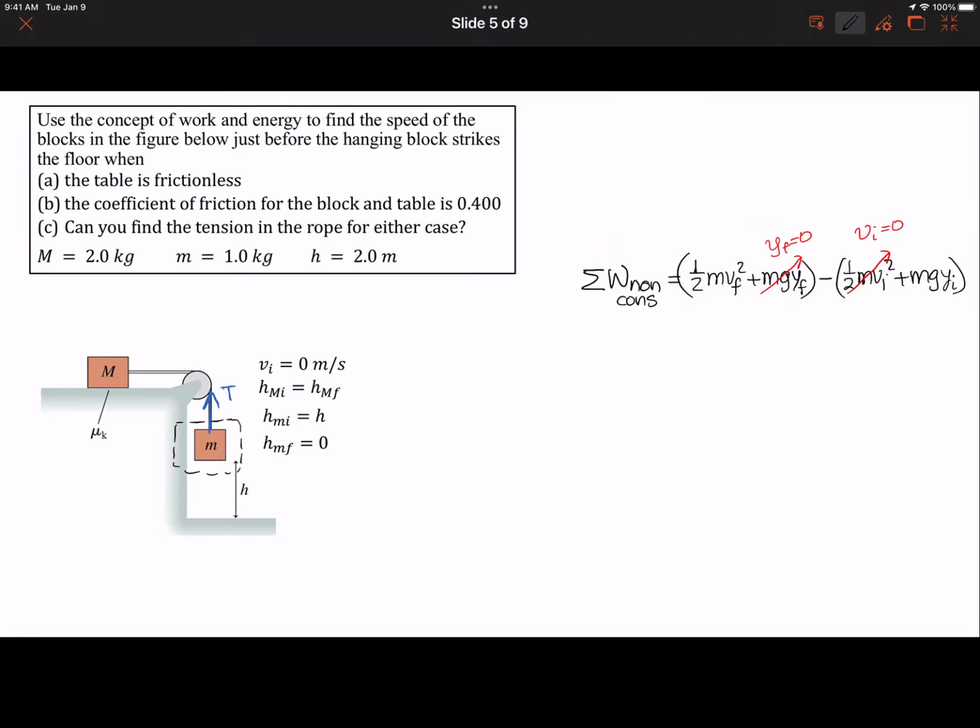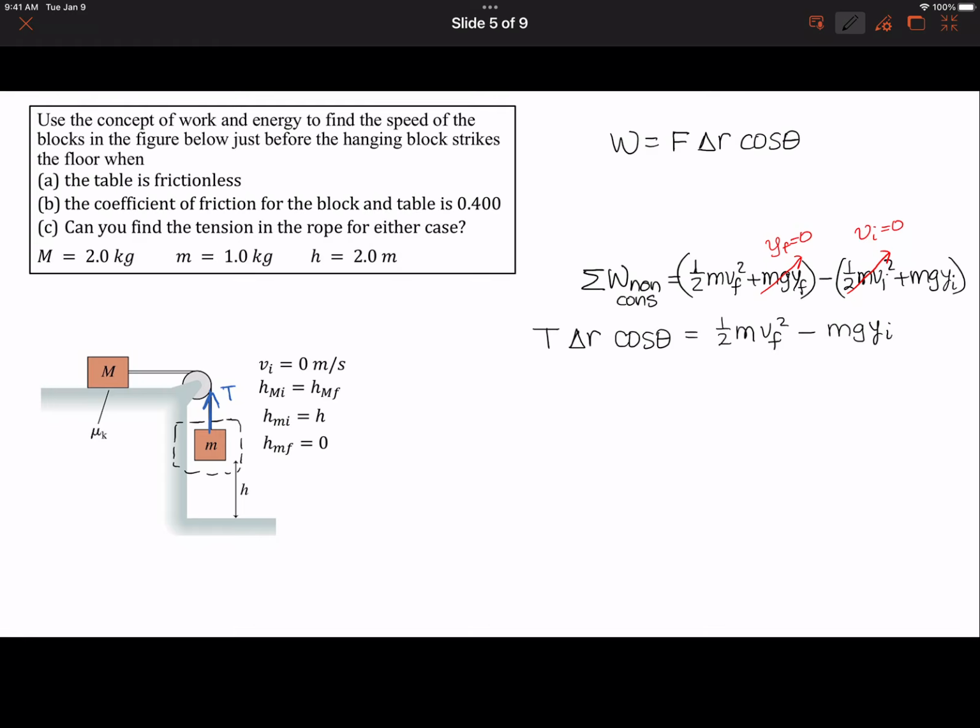The only force that's actually doing work here, the only non-conservative force that's doing work, is the tension. So we know that work done by a constant force is just the force times the displacement times cosine of the angle. And so for tension, the force would be the tension, the displacement, and then cosine of the angle has to equal 1/2 the mass that's hanging times the final speed squared, which we know, and then minus mgy initial.